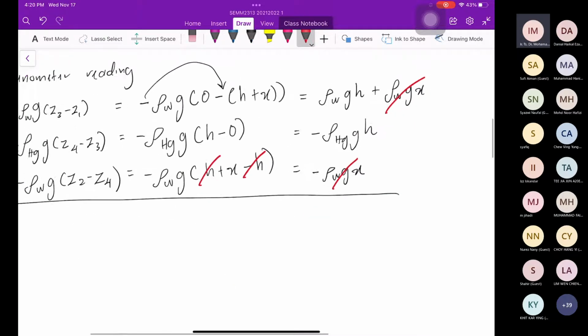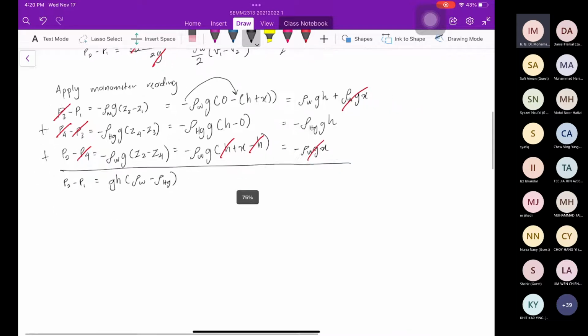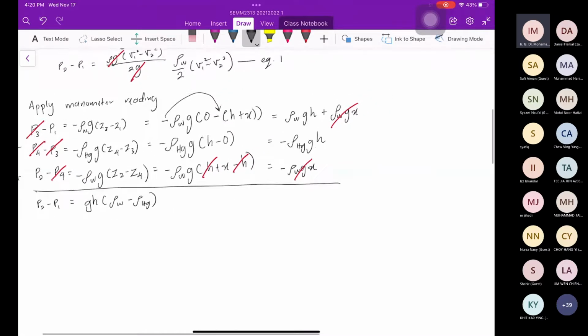You will only have the g H, rho of water minus rho of mercury. Okay, quite easy. This one we assume as equation number 2.